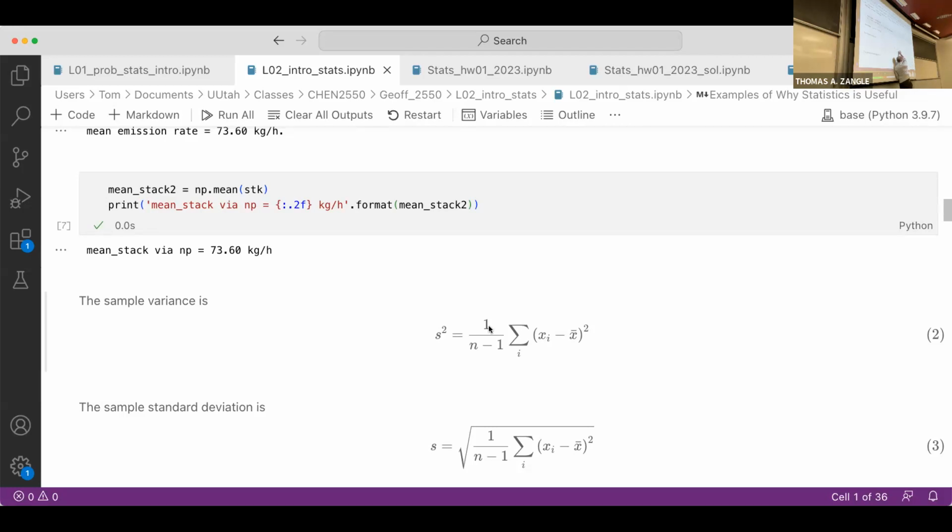These distances to the sample mean are going to be a little bit smaller than the distances to the actual population mean. And so I'm going to be underestimating a little bit. And so instead of dividing by n, we divide by n-1. And that accounts for what would otherwise be the underestimation of the variance.